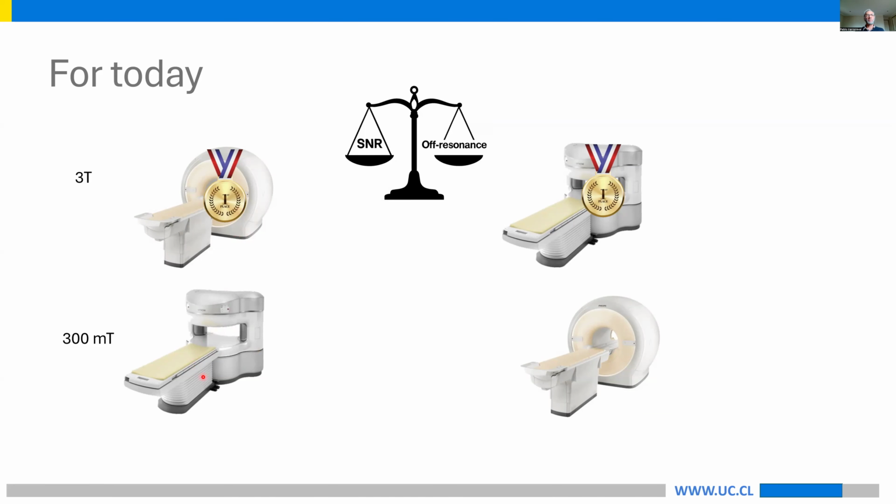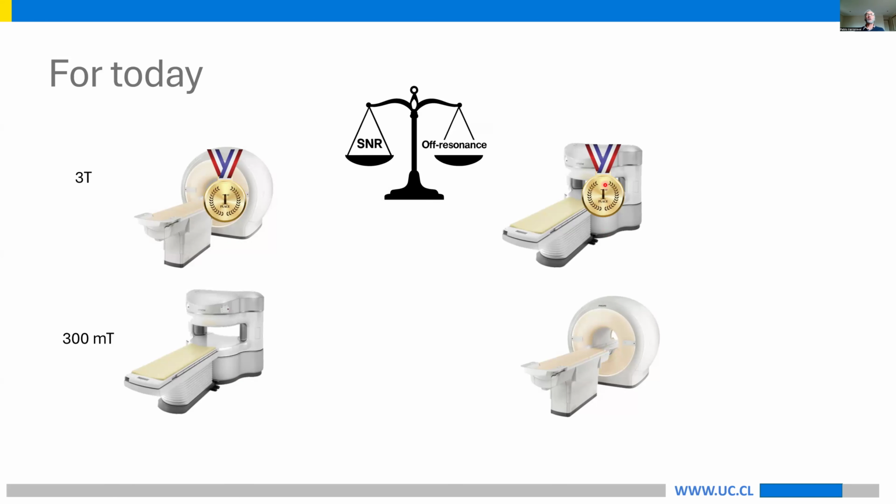It used to be very popular to have lower field, like 0.3 Tesla, 300 millitesla, or 0.5 or 0.2. The advantage of higher field, of course, is better SNR, so they're the winner there. But on the other side, if you look at the off-resonance effects, the winner is the low field, because the off-resonance effects are greater when the field is higher.